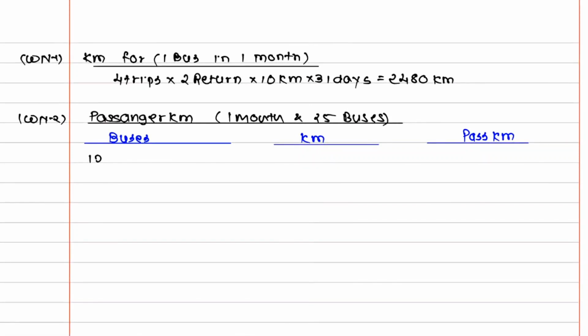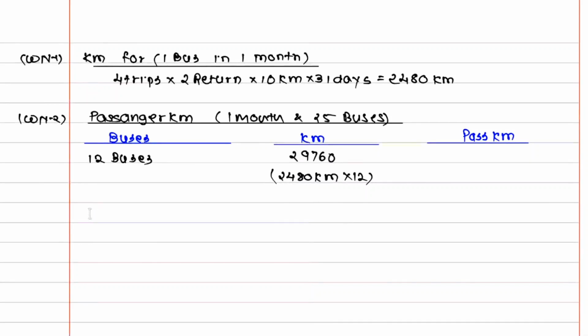If I ask you, 12 buses will travel for how many kilometers in a month? One bus travels for how many kilometers in 1 month? So for 12 buses, that is going to be 29,760. Quite easy, right?